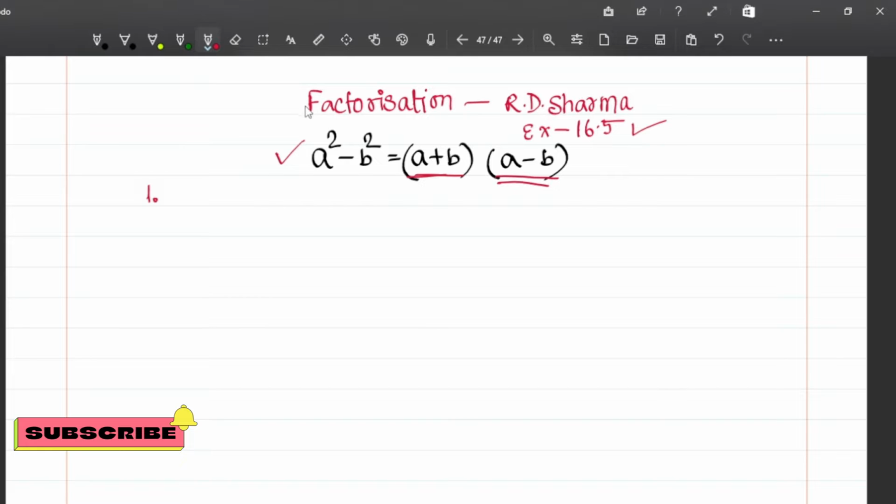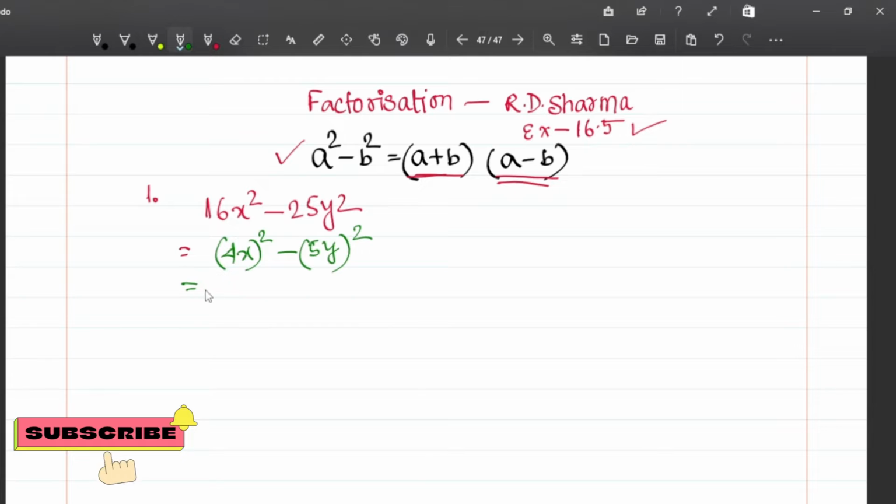Now look at sum number 1. Here we can write 4x whole square minus 5y whole square.